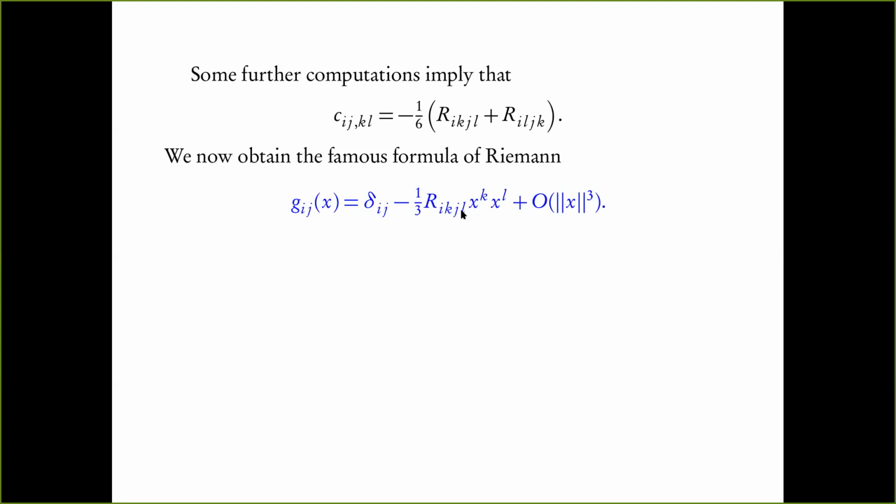When I say Rikjl, this is at the point 0. Same here, this is at the point 0 in the line above. This is not Rijkl at x, obviously, because Taylor expansion means the coefficients are things evaluated at the point 0. So this is like Gij at the point 0, that is delta ij. This is the Riemann curvature coefficients at the point 0. So if the manifold was flat, then that would mean that it is 0 up to the second order.